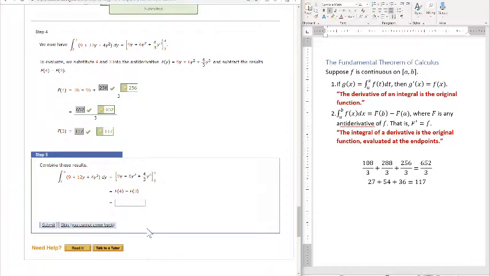Okay, now that we have those numbers, we essentially have these 2 things to subtract.